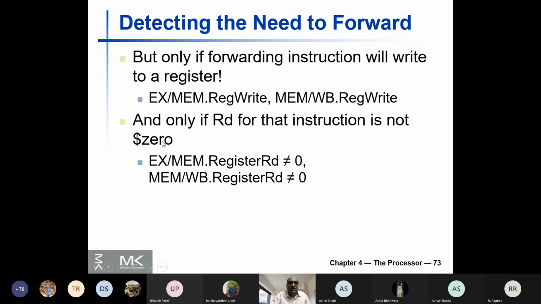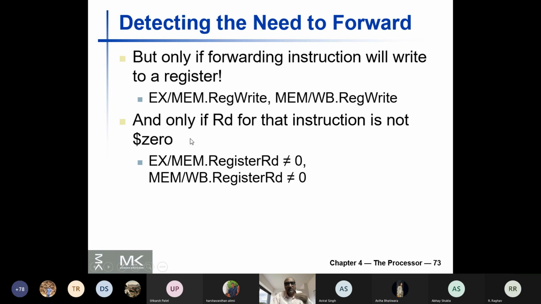But if the destination register happens to be the zero register, whatever you try to place into it, it will reflect only the zero value, that we know. So again, we have to ensure that the destination register should not be the zero register.